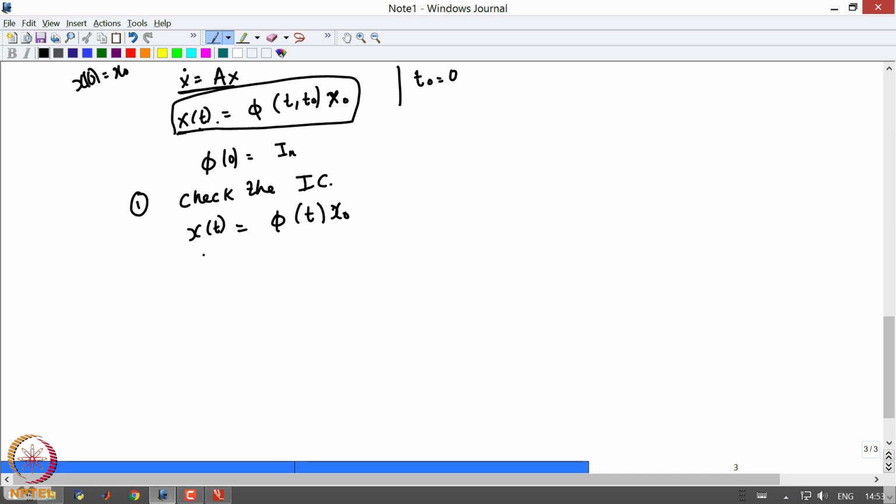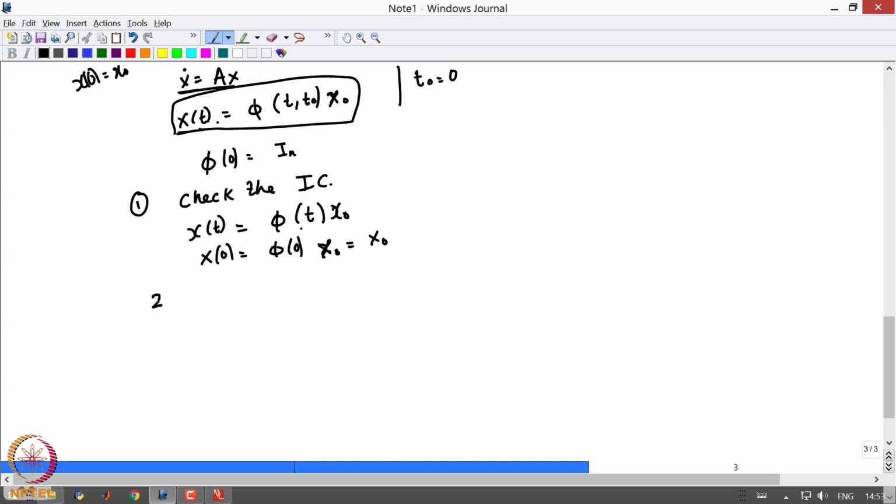Let me verify the initial condition: x of 0 is phi of 0 times x naught. What is phi of 0? It is the identity, and therefore I retain the initial condition.